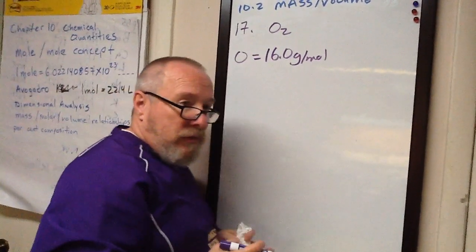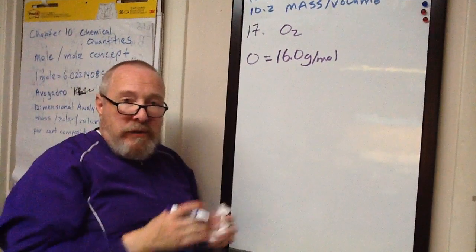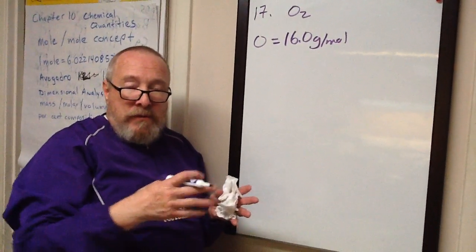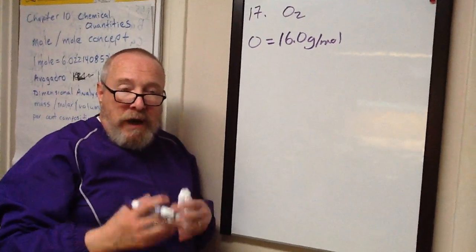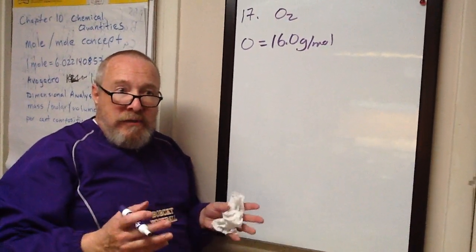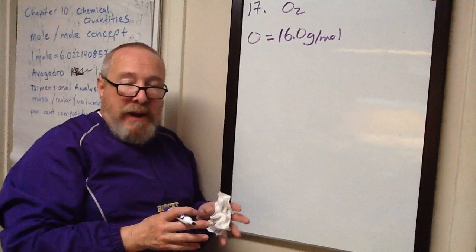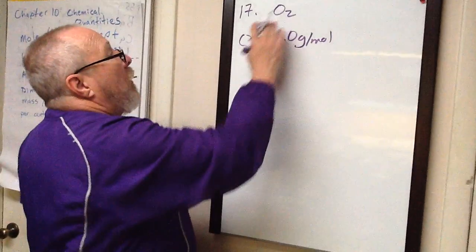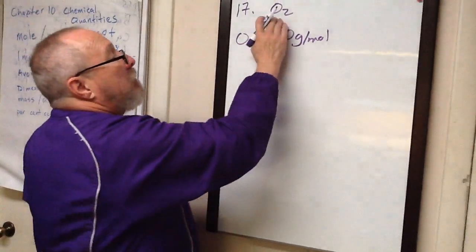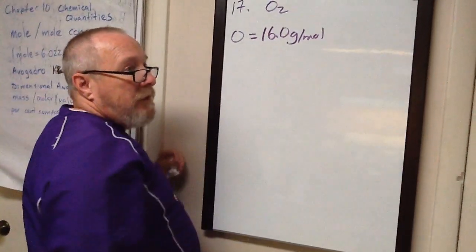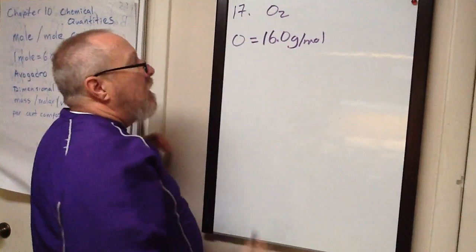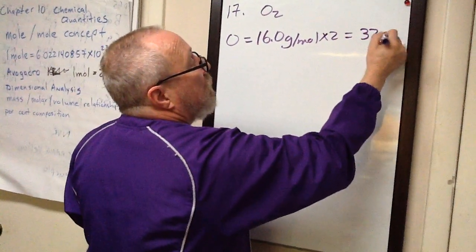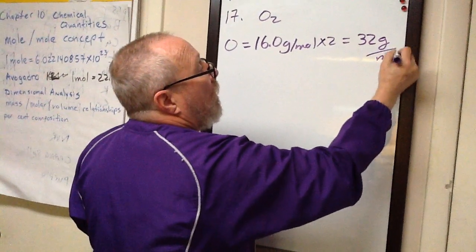It's group 6. It has 6 electrons. It wants to have 8, right? And so it shares 2 pair with another oxygen, so that each of them that had 6 before now has 8. And so we form O2, molecular oxygen, atmospheric oxygen, the form we breathe.